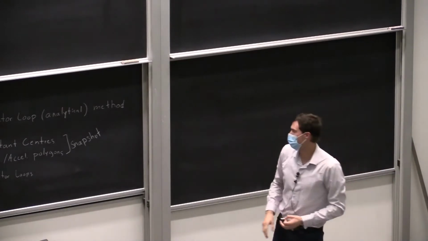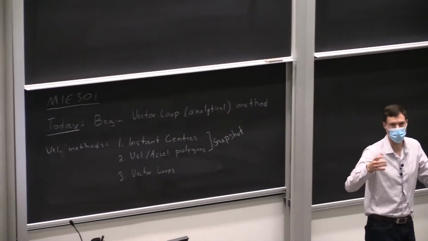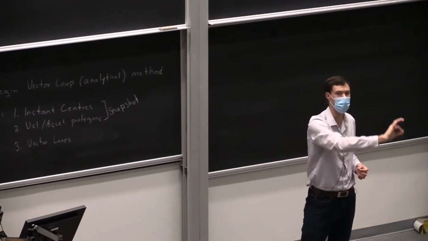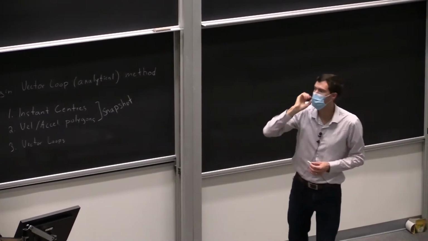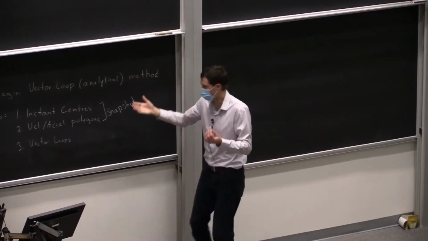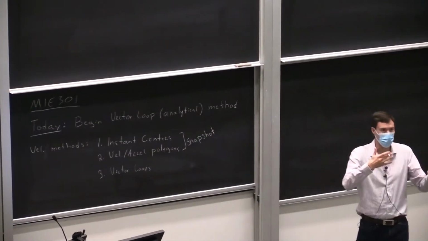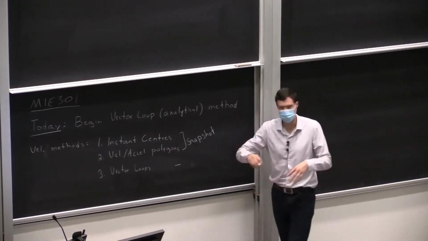But those methods are not good for finding things like max velocity points. They're not good for drawing out the path of a point over the entire motion. They're not good for finding where links are going to break due to fast acceleration later on, because they're kind of manual methods, right? So our last method is going to address all of that.